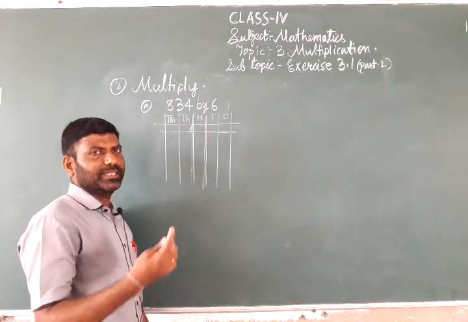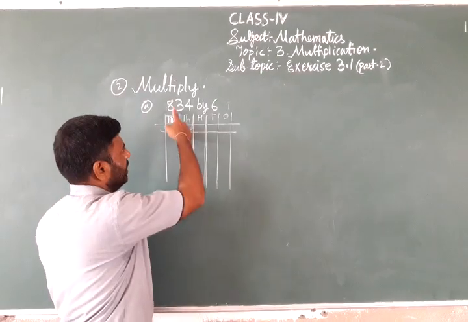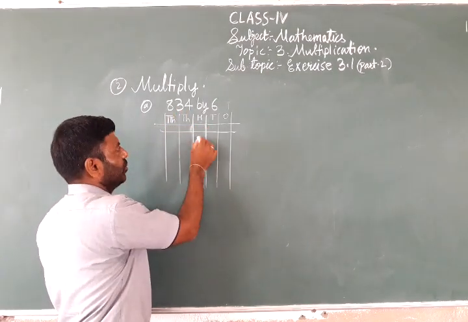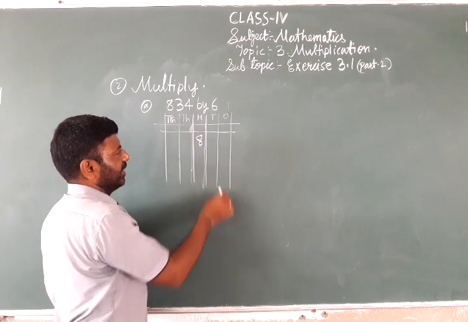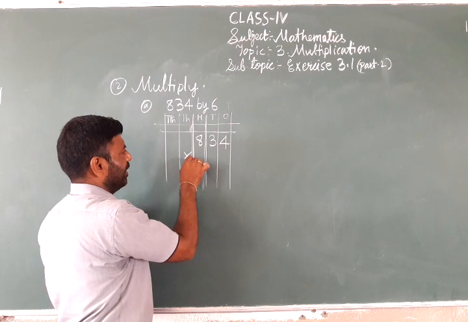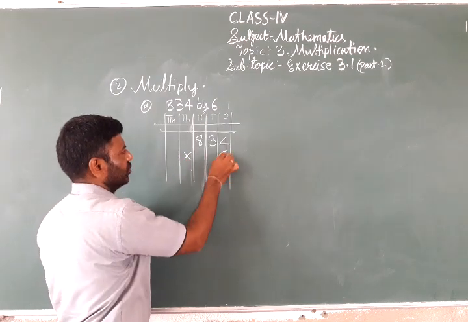Okay, it will be easy for you, right? 834, 800, the hundreds is here, so 8 should be here. 834 multiplied by 6, so 6.